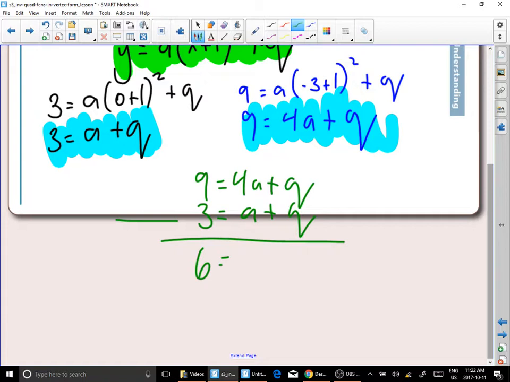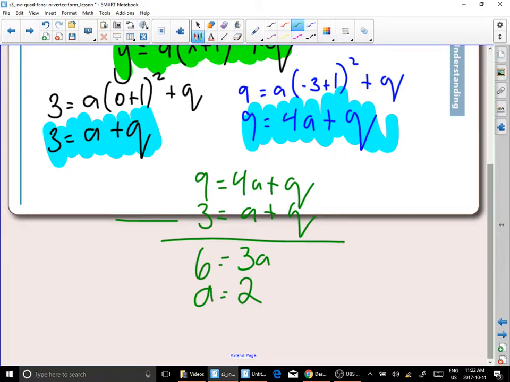I've got 4a minus a, which is 3a, which is really nice and simple. So what's a? It's 2. a is 2.